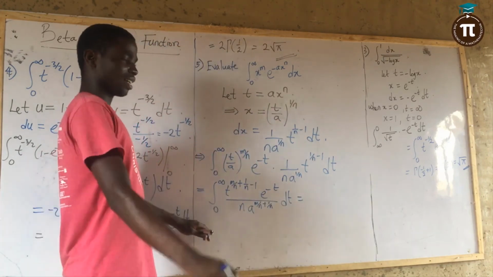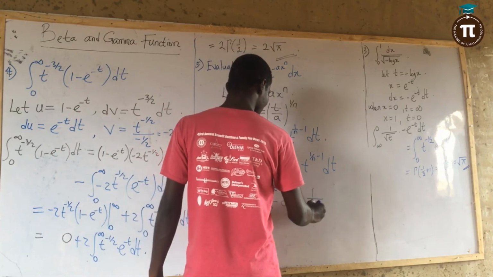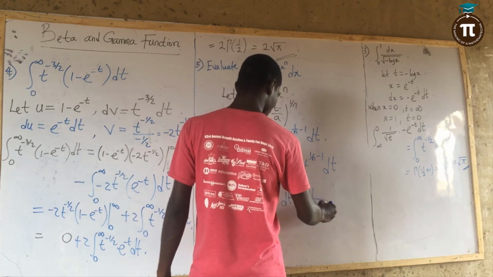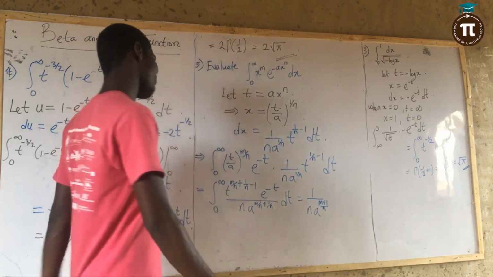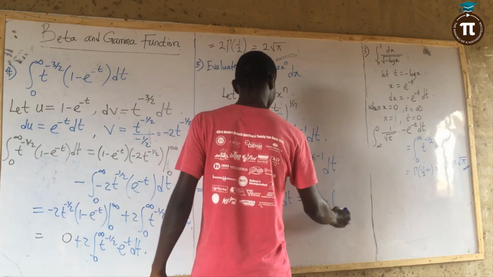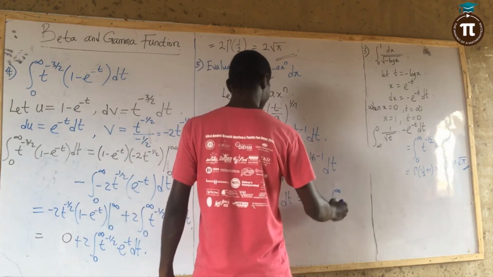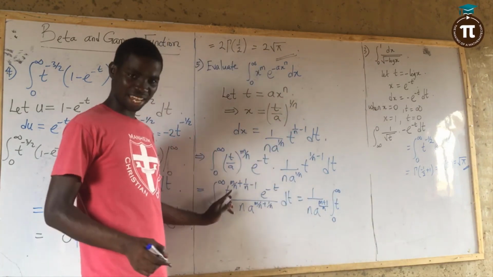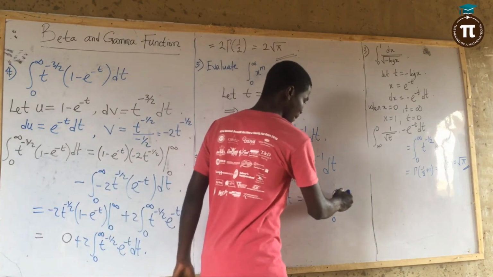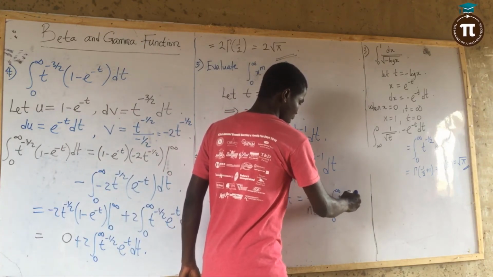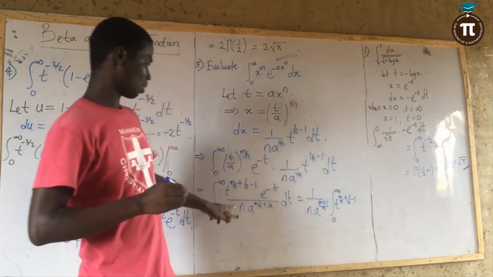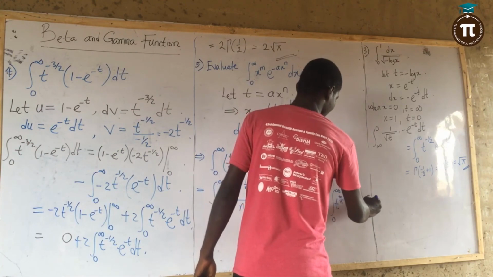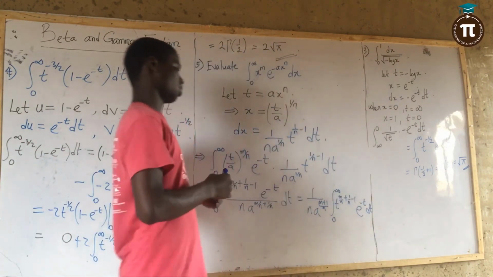Bring out all the constants. This will give me 1 over n a raised to the power of m over n plus 1 over n. Then inside the integral, we have the integral from 0 to infinity of t raised to the power of m over n plus 1 over n minus 1, e raised to the power of minus t dt.